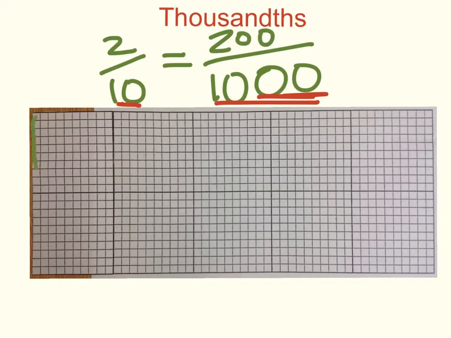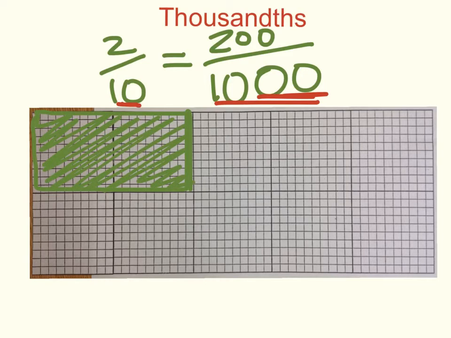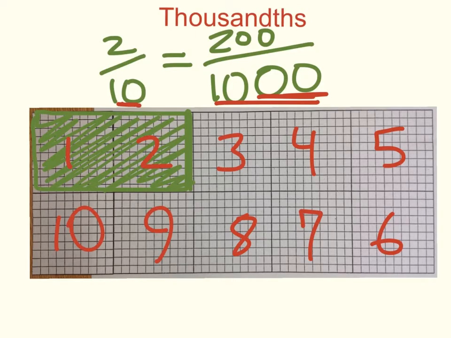And now I'll shade in 200 squares, or two 100ths grids. And that shows 2 tenths, which is the same as 200 thousandths. And I know that because I have 10 hundredths grids, and I shaded in 2 out of 10.